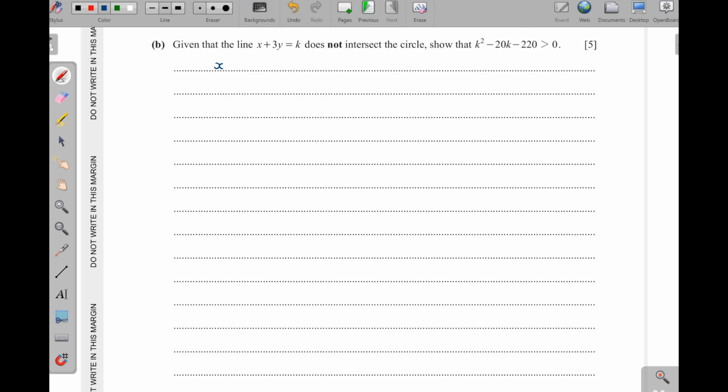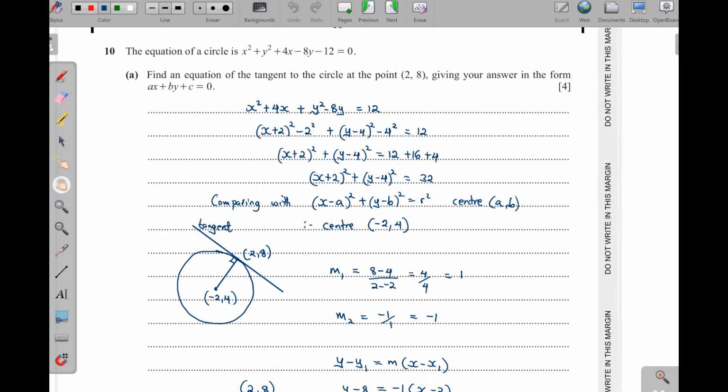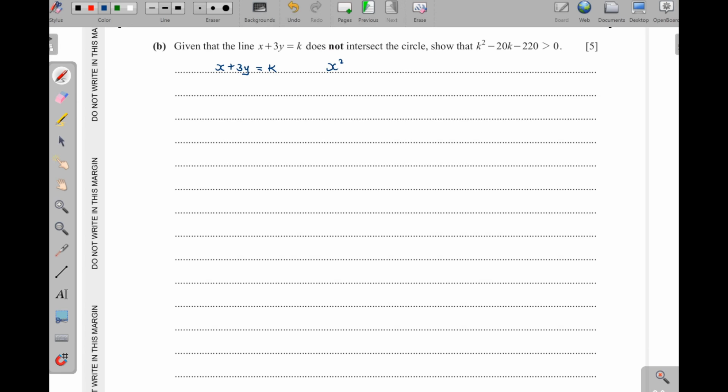We have x plus 3y equal to k, and the equation of the circle is x squared plus y squared plus 4x minus 8y minus 12 equal to 0. We need to make one of the variables the subject of the formula, and then we substitute in the other one. The easier one to use is x.